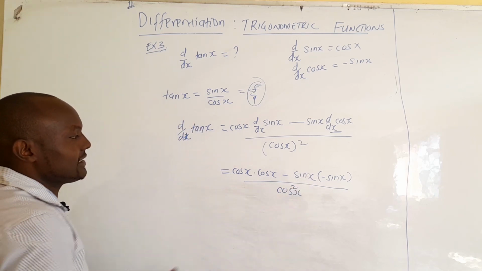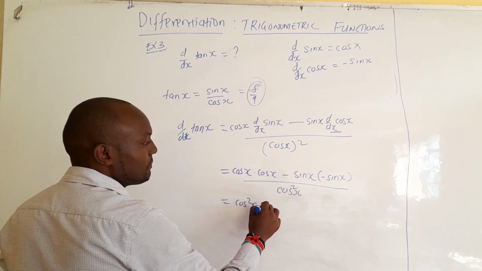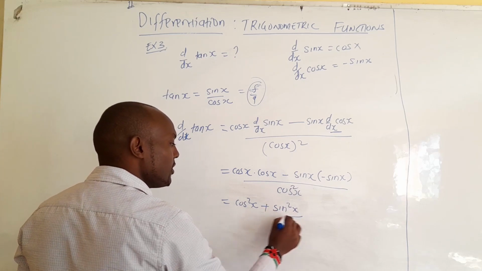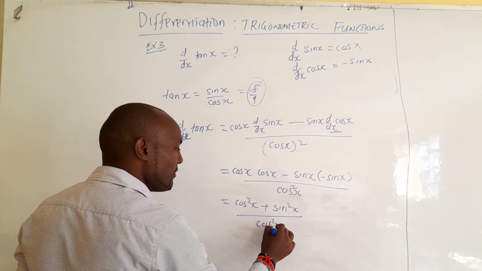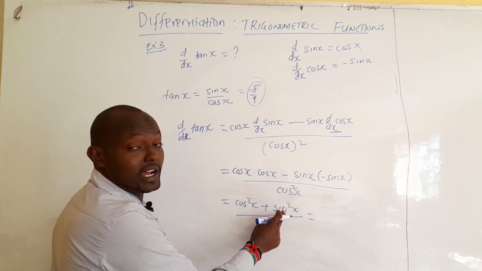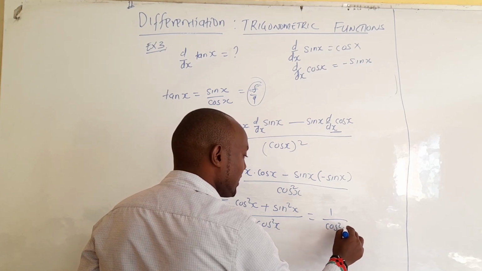So here we will have cos squared x plus, because minus and minus make plus, sin squared x, all over cos squared x. And you know cos squared x plus sin squared x always gives 1. So it is 1 over cos squared x.